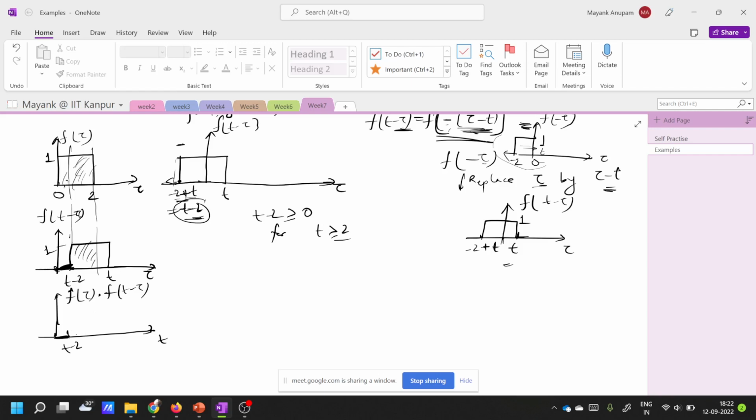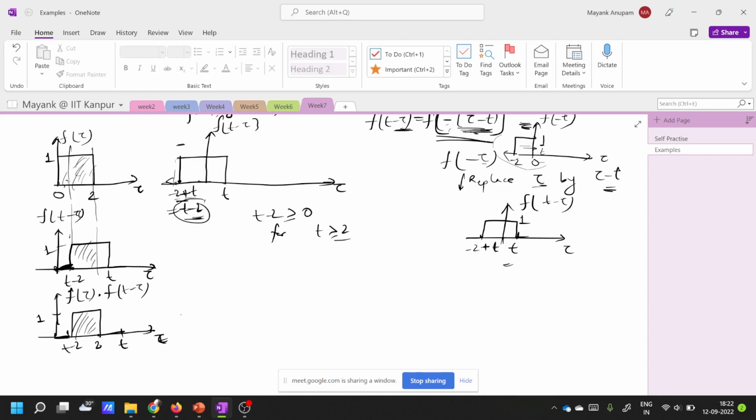So these two when multiplied together will become equal to 1, right? And up to 2, and after that again it will be 0, correct? Even after t it will be 0 only, right?